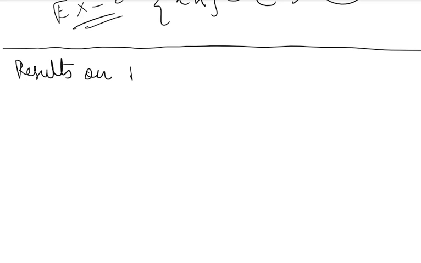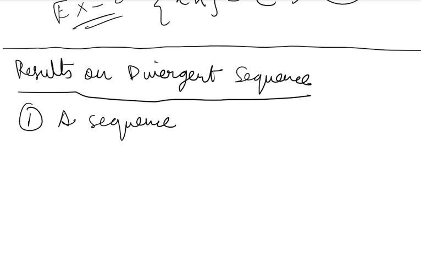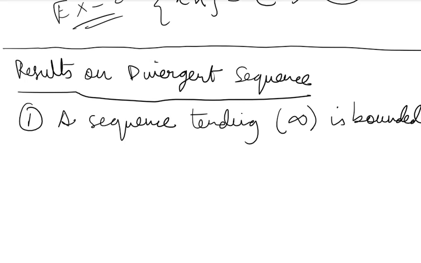Results on divergent sequences. First one: a sequence tending to infinity is bounded below.